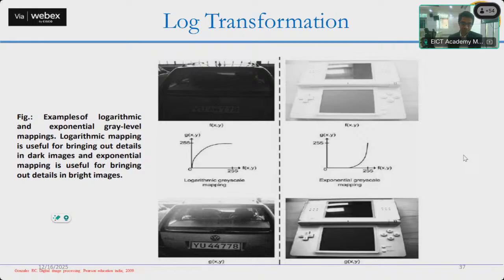It is better to see with the help of an example what is actually happening here. When we take this example of logarithmic and exponential gray level mapping, we can see the image of a car here, and we are seeing another image of an iPad device, which is open.